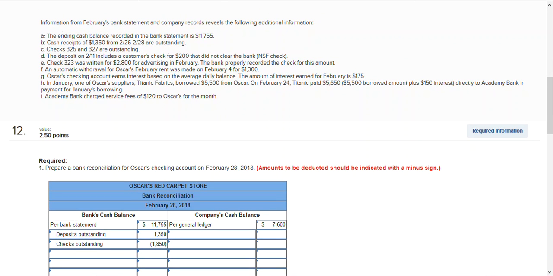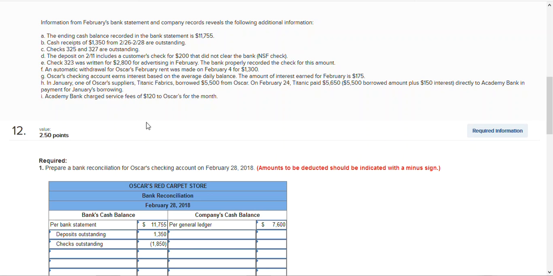I took care of A, B, and C. So we are to D, that's an NSF check. E looks like an error on our part. So if the bank makes an error, we're going to put it on the bank's side. If we make an error, we've got to fix it on our books. I don't see anything else that would be over there.